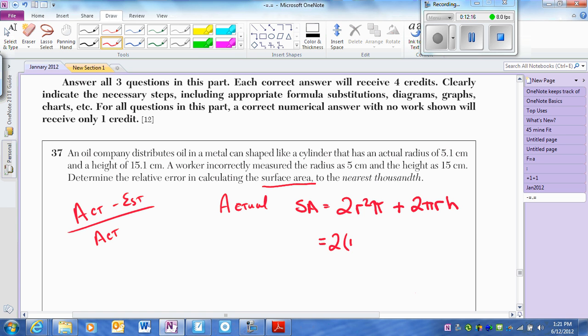So 2 times 5.1 squared pi plus 2 pi 5.1 times 15.1, which is 647.2937503.